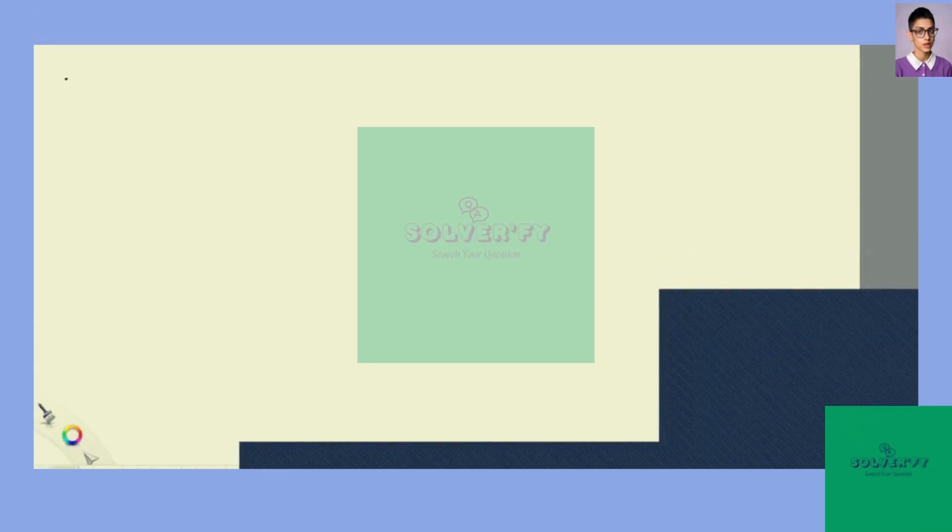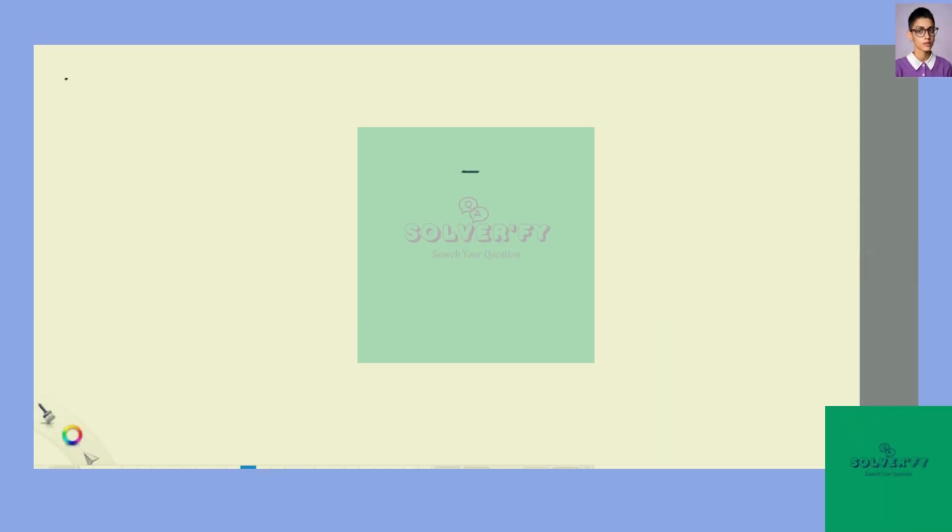Hi, in the given problem, we are having a combination of two lenses.